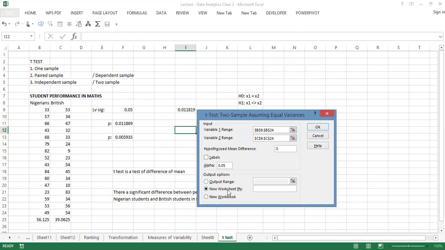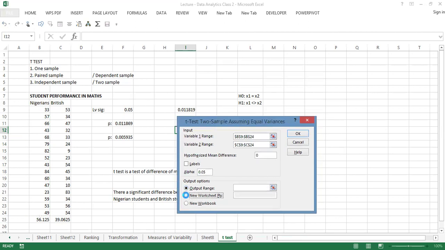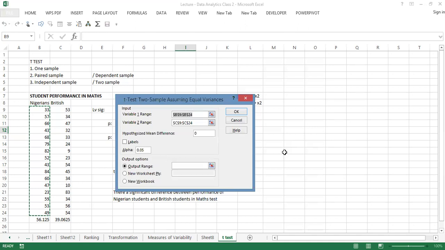Then output range. Where do you want the result to show? Either you put it in a new sheet, new workbook, or output range. Output range means you want the result to be displayed within this sheet. So let's say I want my result here. Output range. I just click where I want the results.